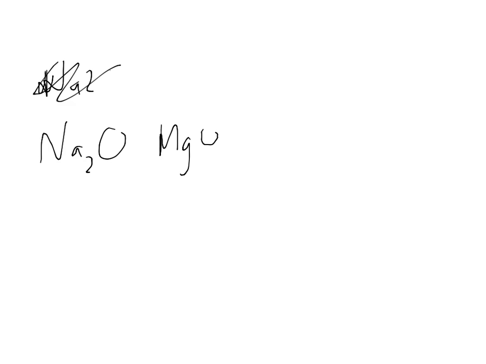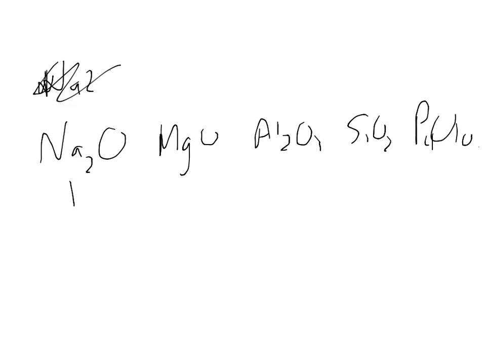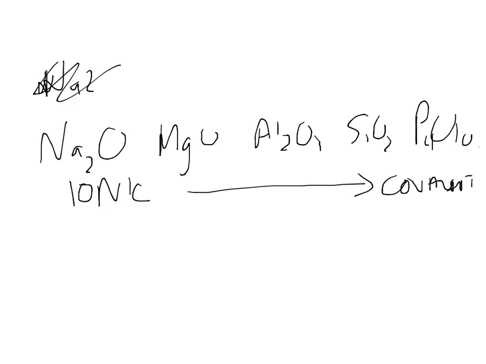So if we just draw out the oxides, Na2O, MgO, Al2O3, silicon dioxide, phosphorus oxide, it generally goes from ionic to covalent. Now what makes an ionic compound is the difference in electronegativity.